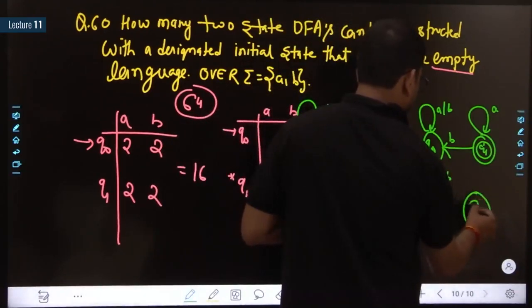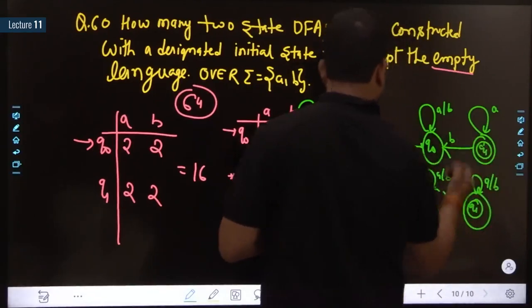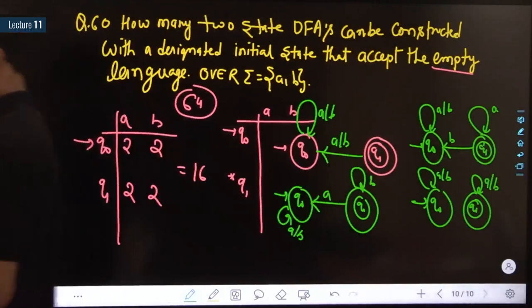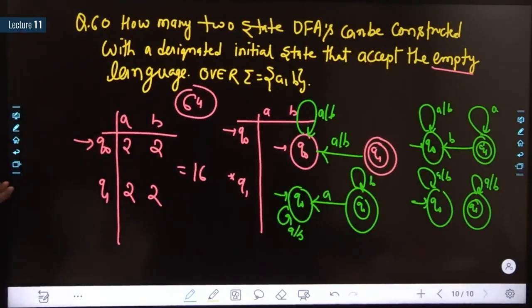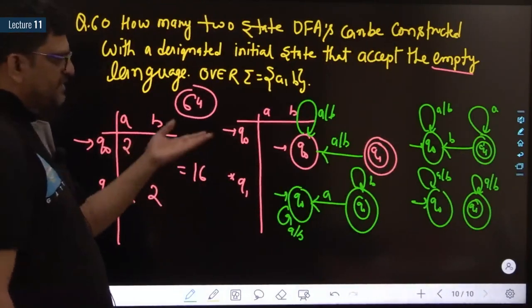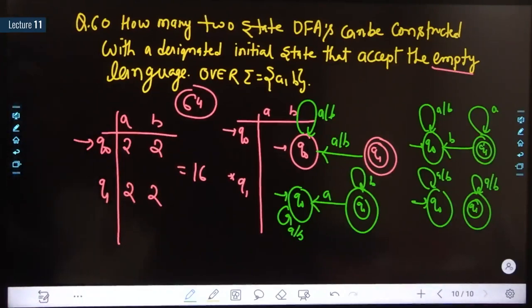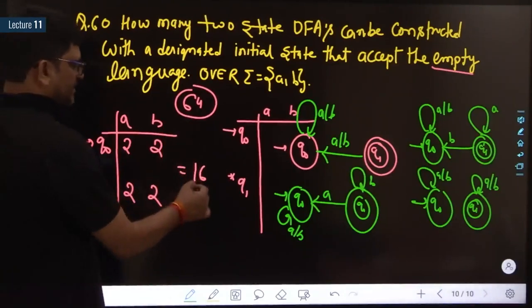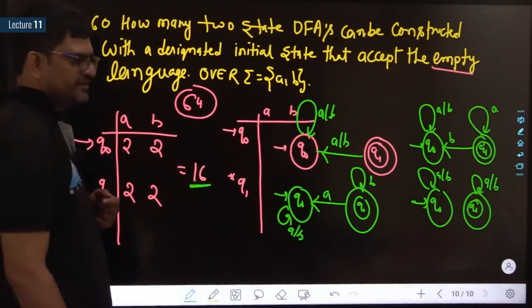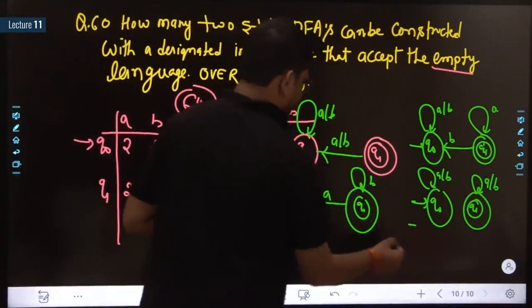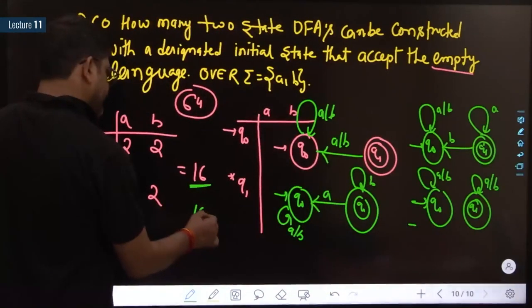This is also a DFA. This is also a DFA. These are 4 extra DFAs that accept the empty language. So the total number of DFAs that accept the empty language with 2 states is 16 plus 4, that is 20 DFAs.